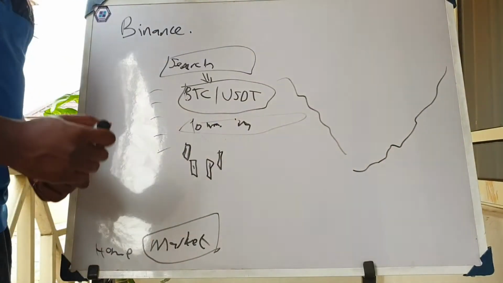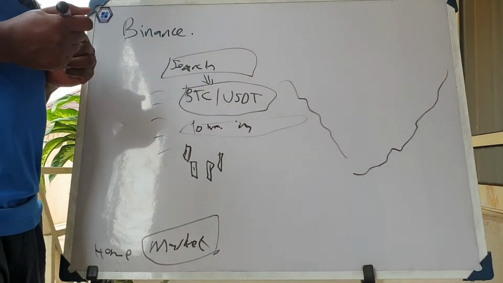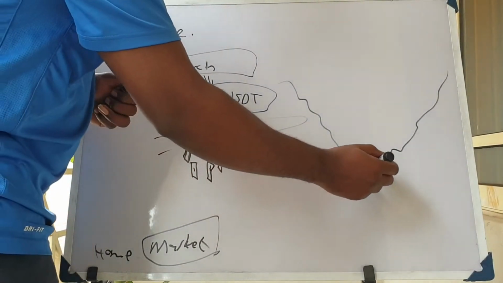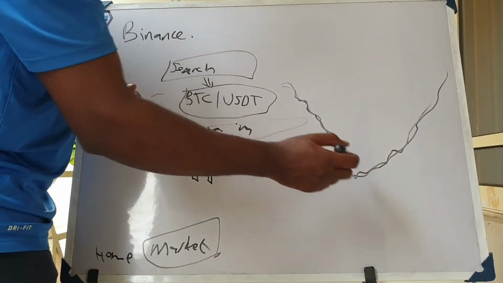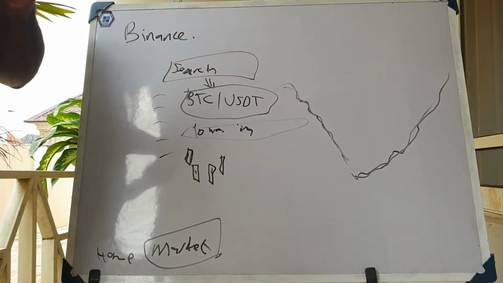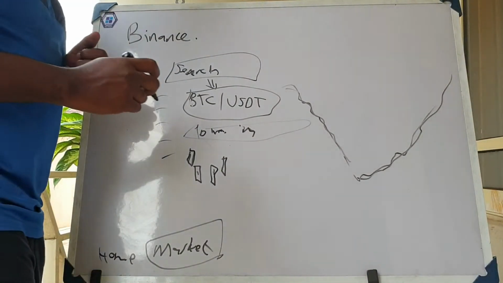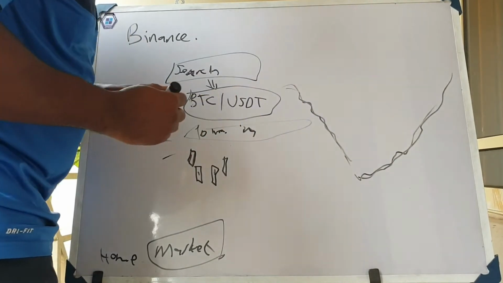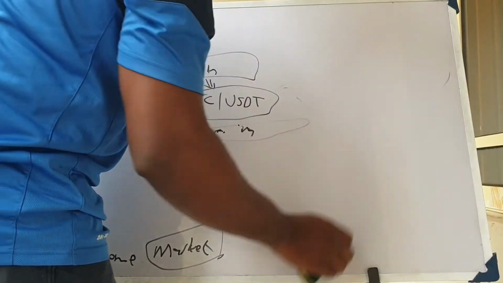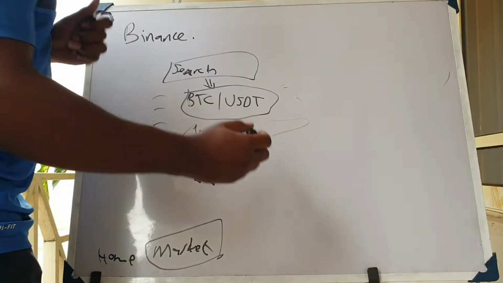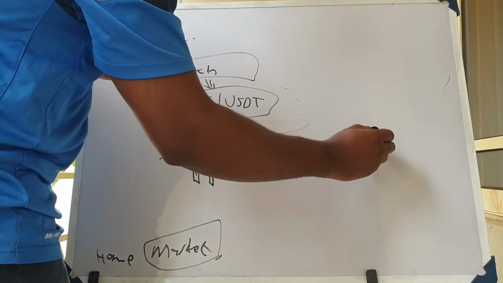So I advise people to always start a coin when you see it in an uptrend, not when it's on a downtrend. Because what the Royal Q bot does is, once you hit that start button, for example, price is, let's say, here.